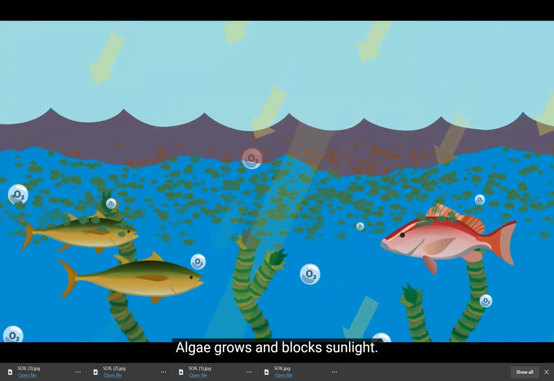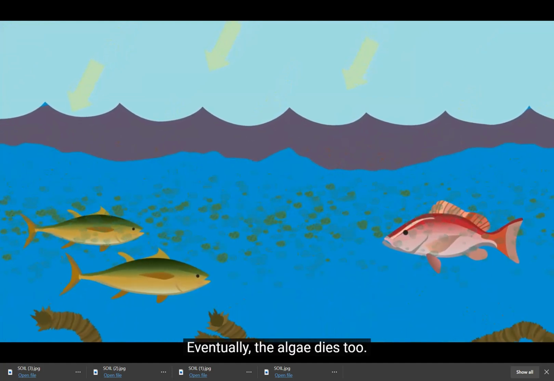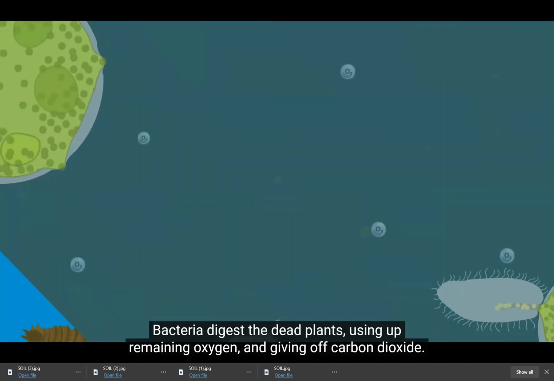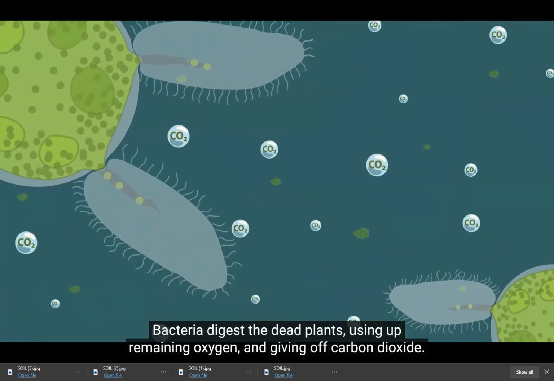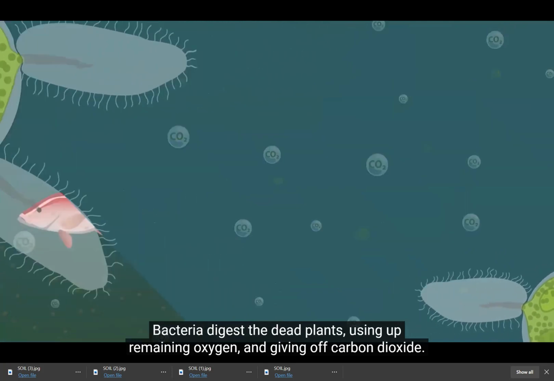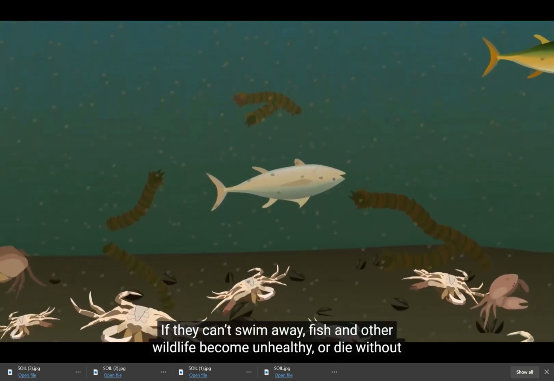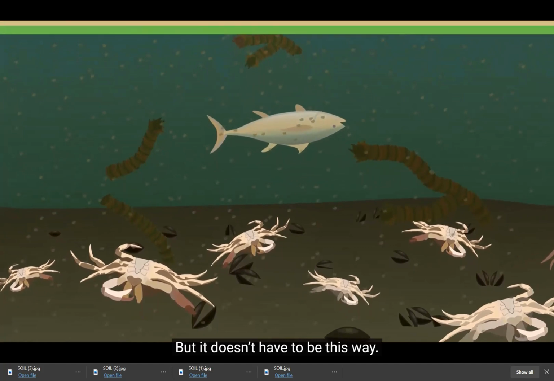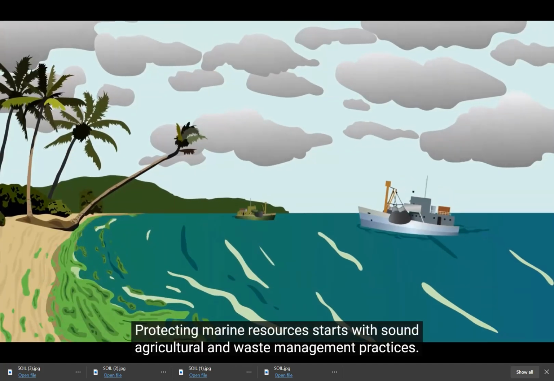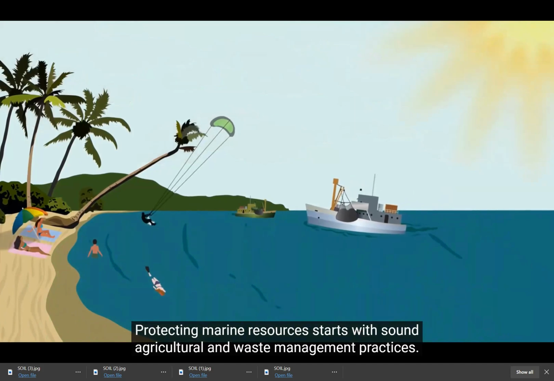Algae grows and blocks sunlight. Plants die without sunlight. Eventually, the algae dies too. Bacteria digest the dead plants, using up remaining oxygen and giving off carbon dioxide. If they can't swim away, fish and other wildlife become unhealthy or die without oxygen. But it doesn't have to be this way. Protecting marine resources starts with sound agricultural and waste management practices.